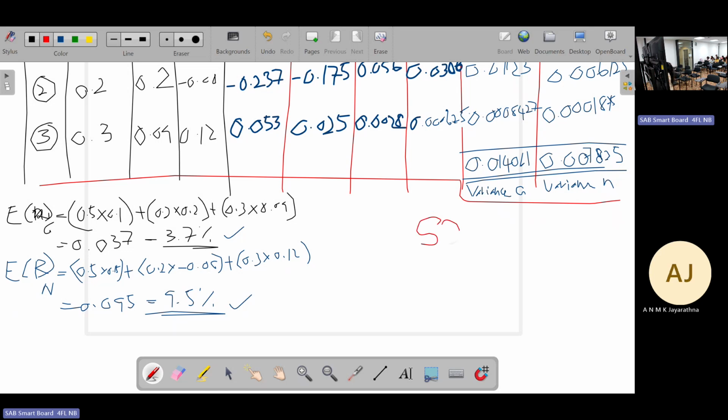Standard deviation of G, and then standard deviation of N. How can we? Square root of 0.014061 and the other one square root of 0.007825.